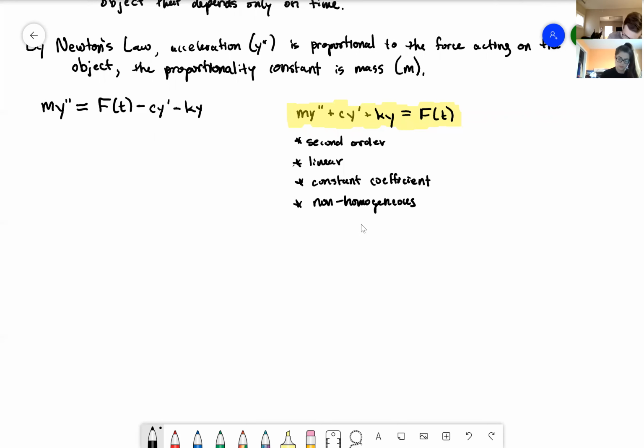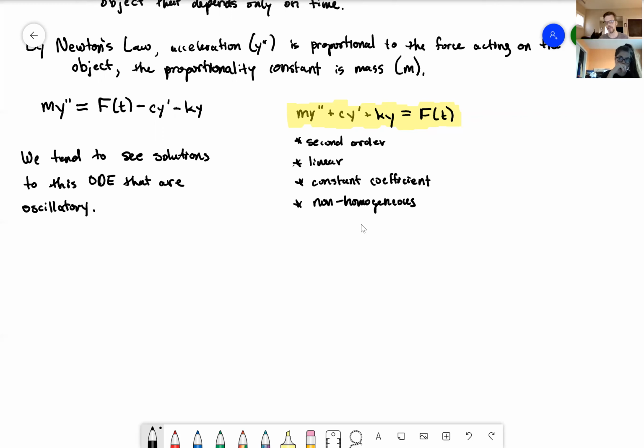Now, what we tend to see are solutions to this ODE that are oscillatory.